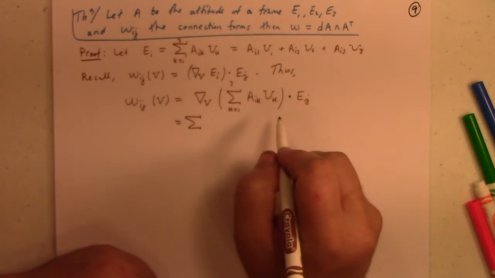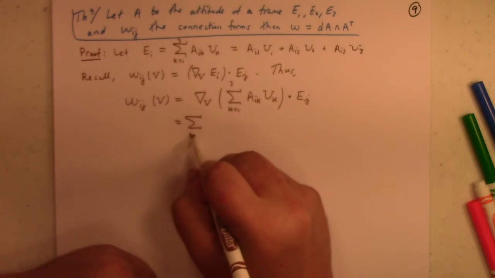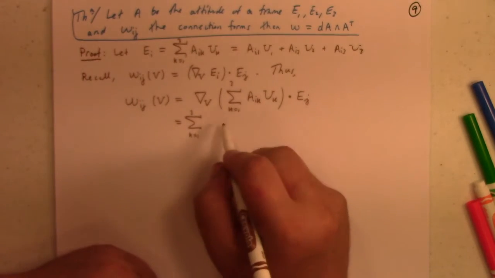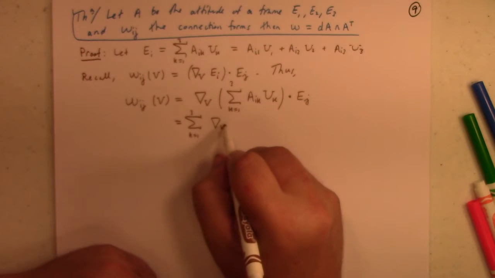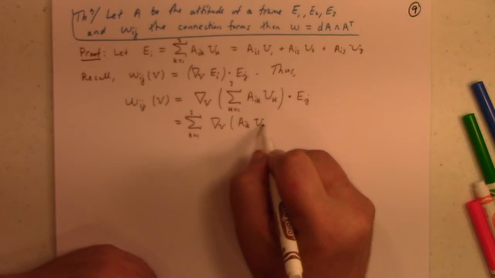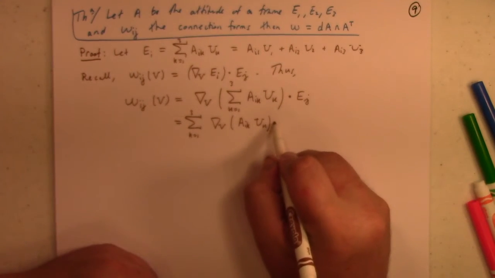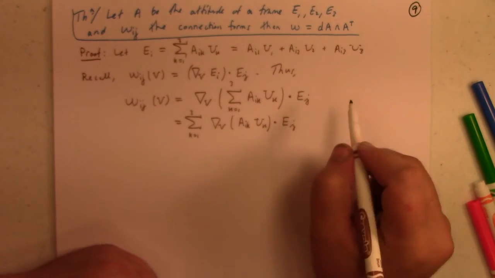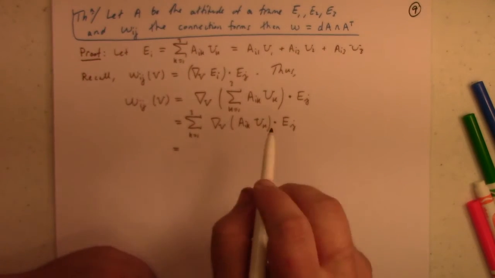What do we have? The covariant derivative in the V direction. Then I use the product rule.